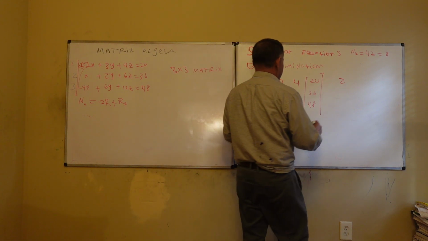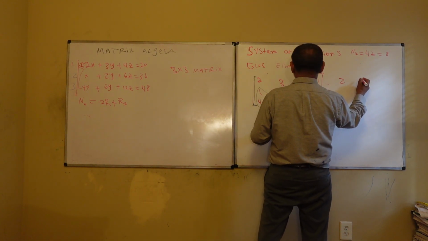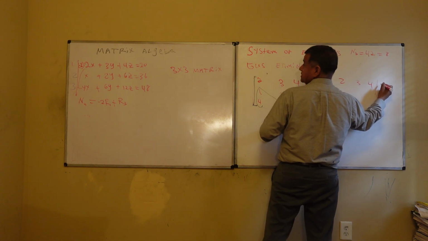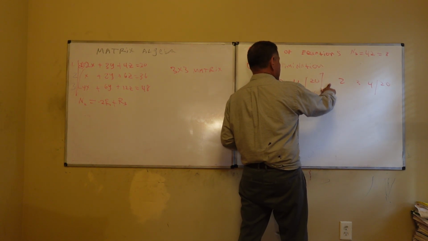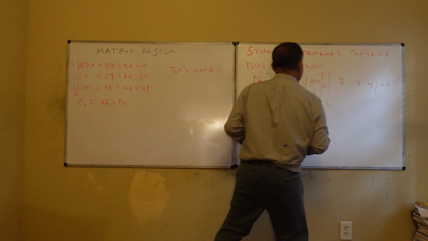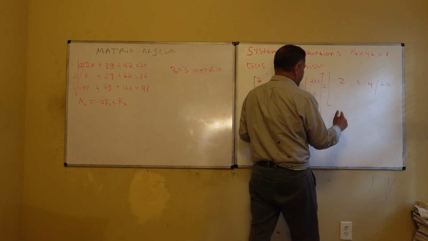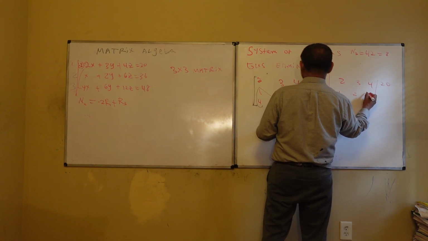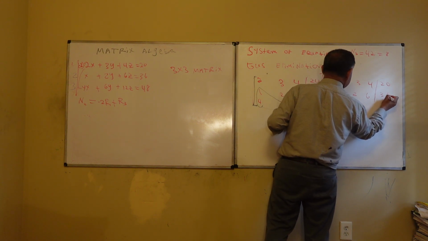It doesn't change. So this translates to the new matrix, which is 3, 4, and 20. That stays the same. And then the second row is going to be 1, 2, 6, and 36.